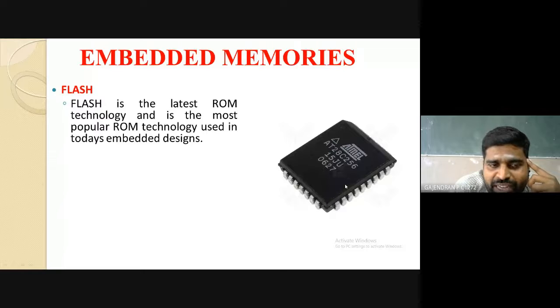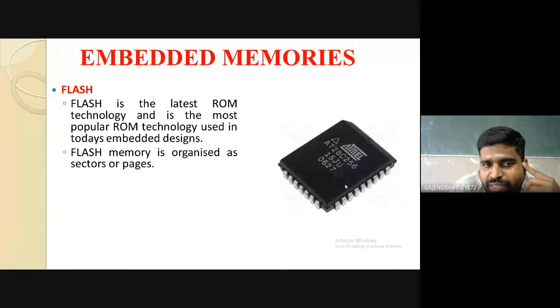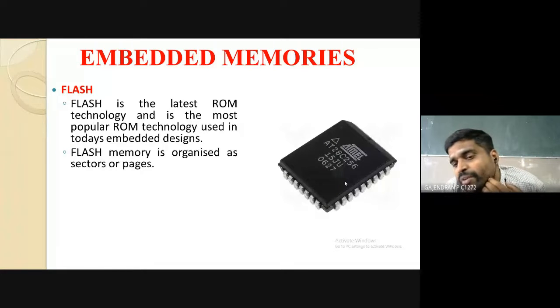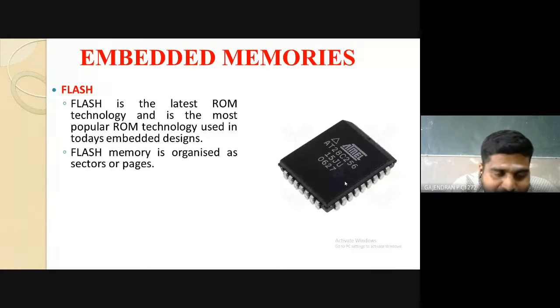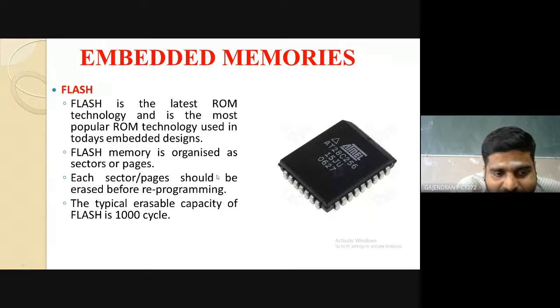Then you have flash memory. Flash memory is a very useful technique in our embedded systems. Whenever you write some code and dump it into your Arduino, usually we are using this flash memory location. Here, 1000 cycles you can perform.